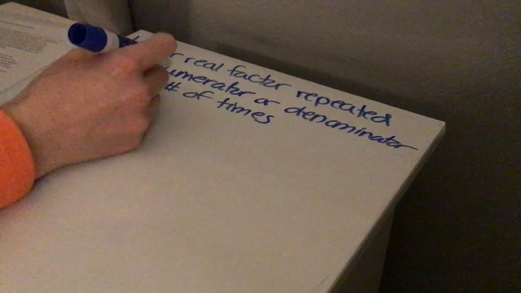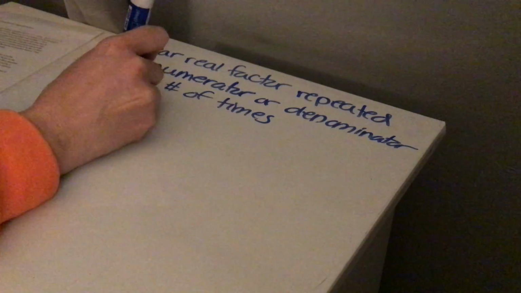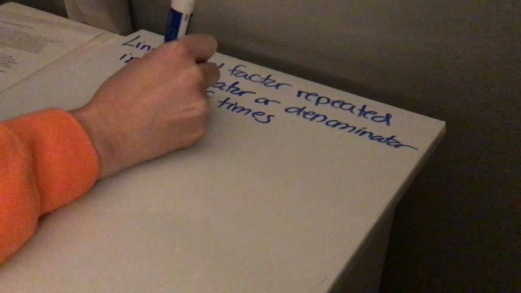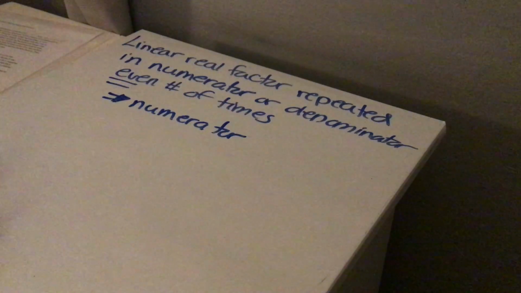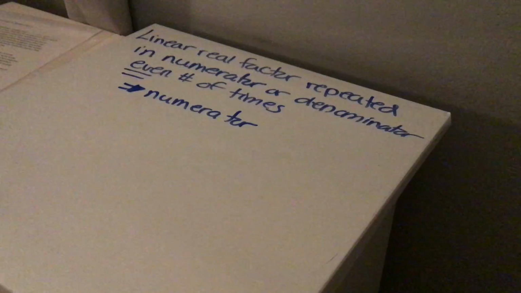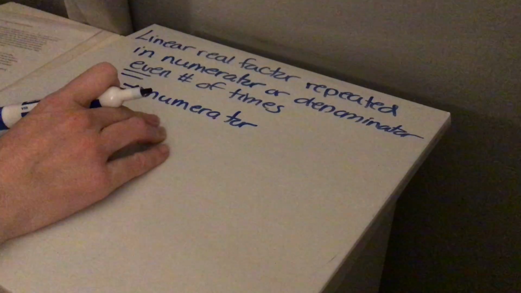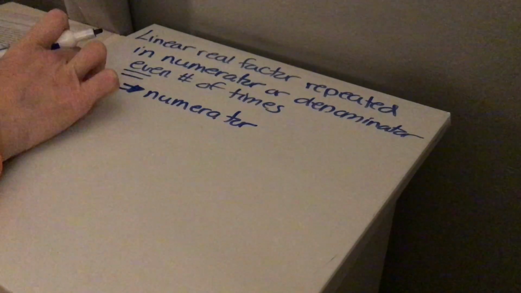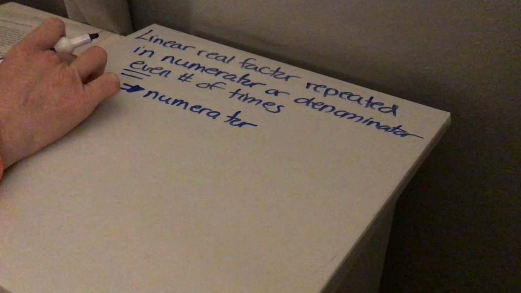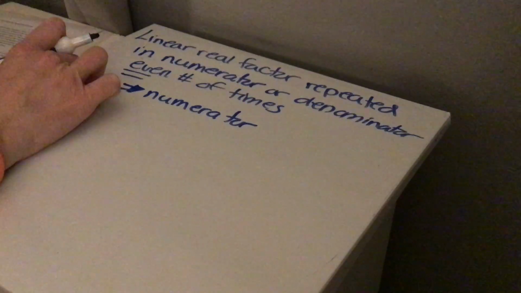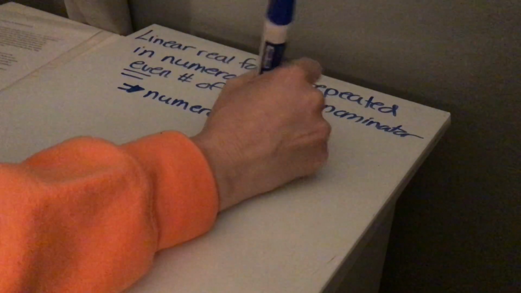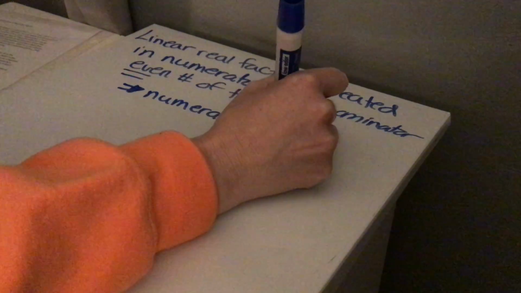If it's in the numerator, that's where you get a zero of your function. So if it's in the numerator and it's repeated an even number of times, then we have to look and see what happens.